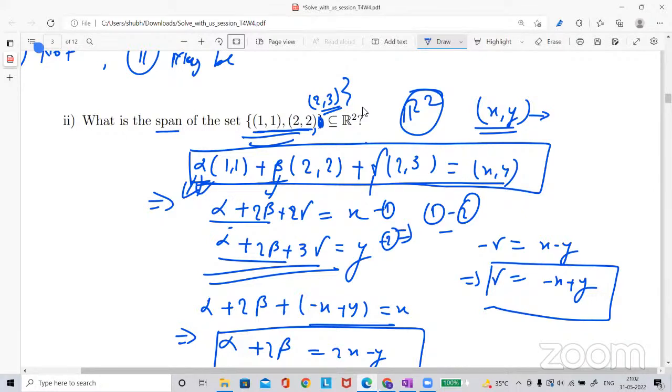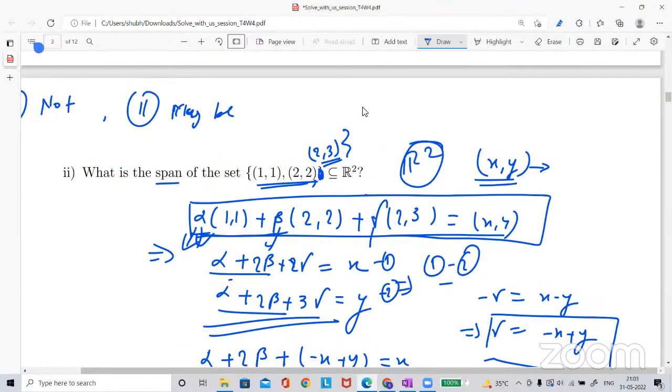If you have a unique solution or infinitely many solutions, the span of that set is R2. If you have no solution, as we did previously for these two vectors only, then the span is not R2. Okay, sir. Thank you. Clear, sir.